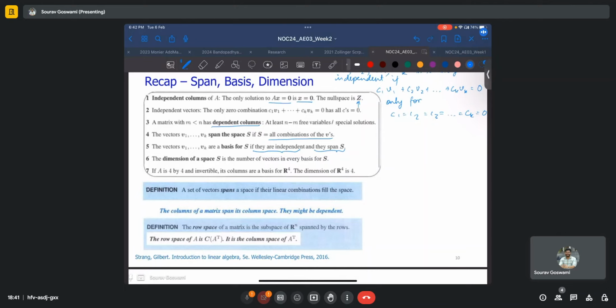The dimension of a space S, as we were discussing, is the number of vectors in every basis for S. So while there might be multiple basis sets, the dimension will be the same. That is, the number of elements in each of these basis sets will be the same. However, the basis set is not unique.